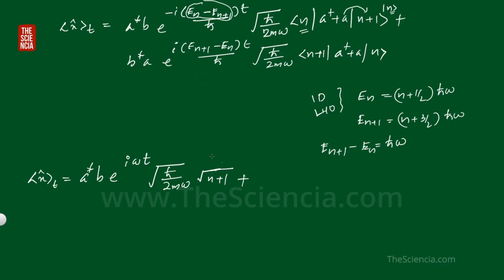plus the second term, that is b star a into e raised to i omega t into root h cross by 2m omega. Here when a dagger operates on this one, we will get root n plus 1 ket n plus 1.